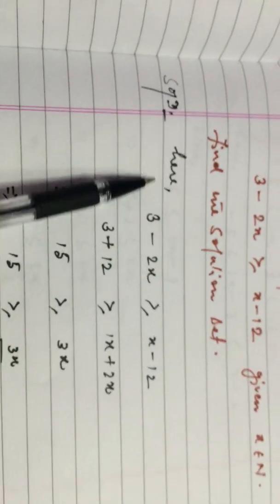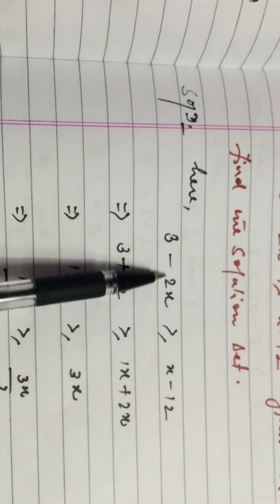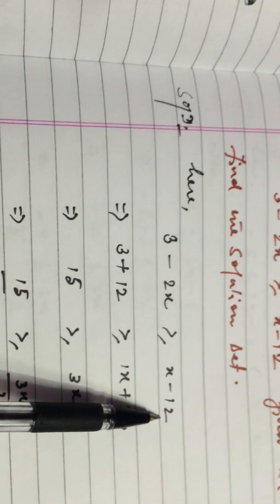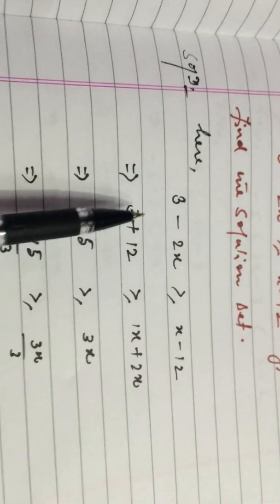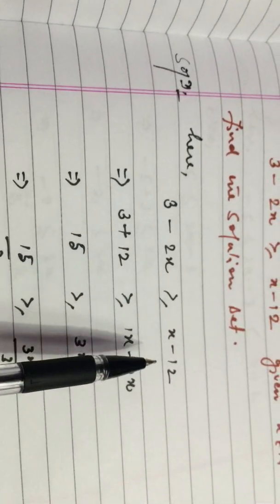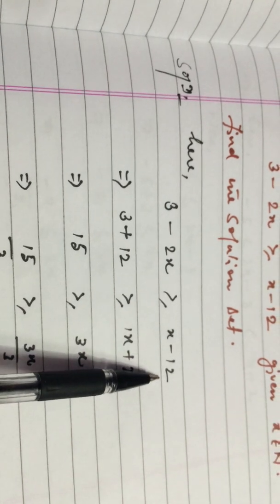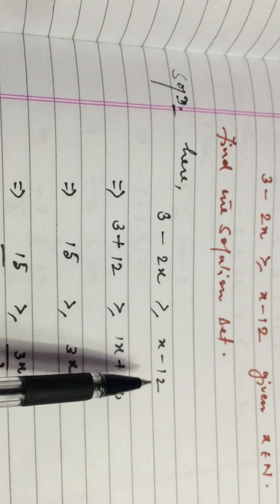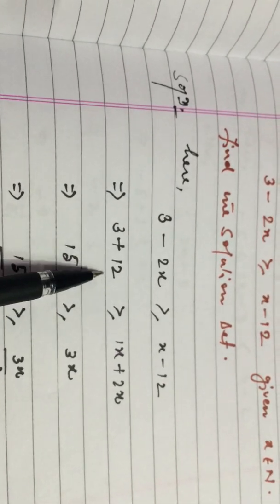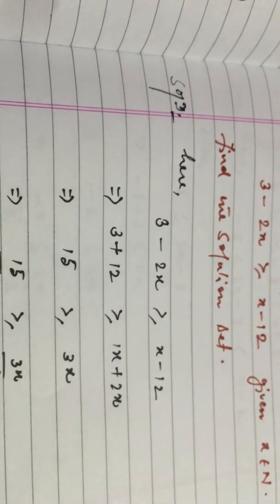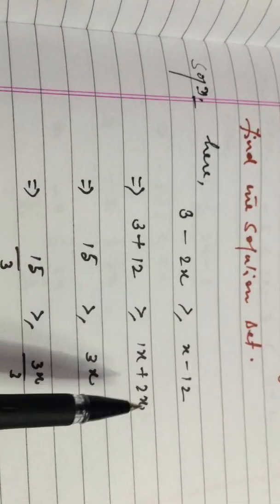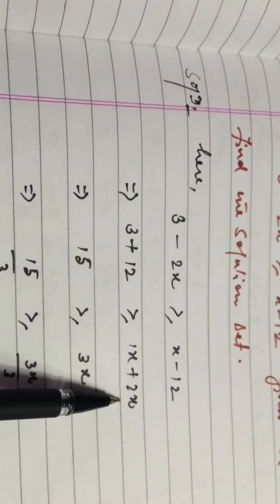Here the inequation is 3 minus 2x greater than or equal to x minus 12. In the next line, 3 is written the same; minus 12 transferring from the right side to the left side becomes positive, and minus 2x transferring from one side to the other becomes positive.